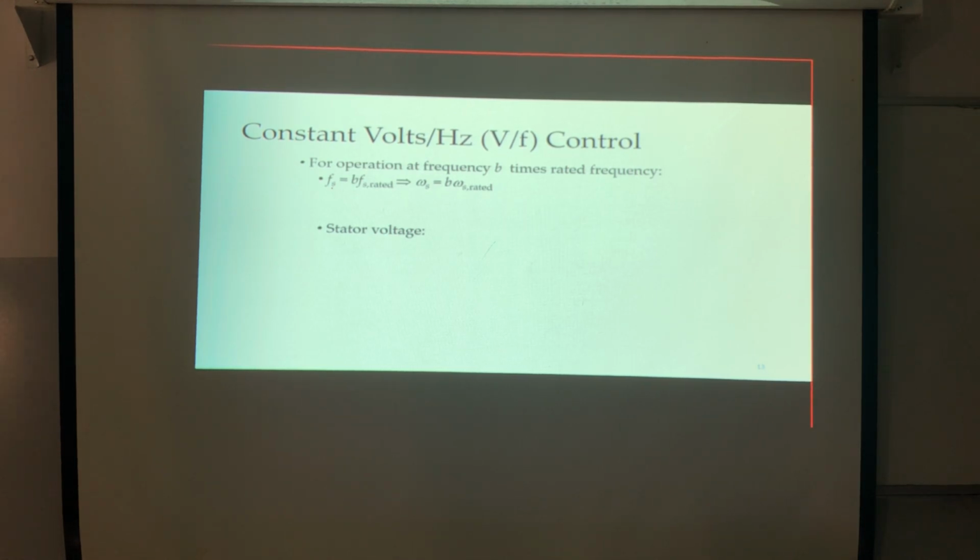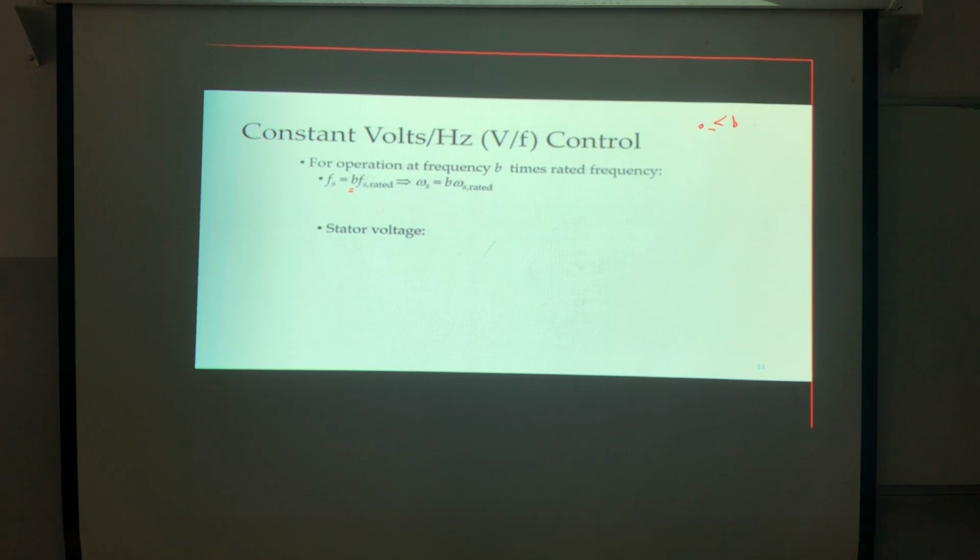The first thing here, we assume that we are modifying the frequency by a factor B, and B can be greater than or equal to 0, less than or equal to B max. So here I can control the frequency from B minimum, which is related to F minimum, to B max, which is related to F max.